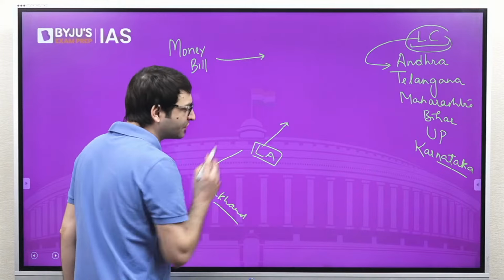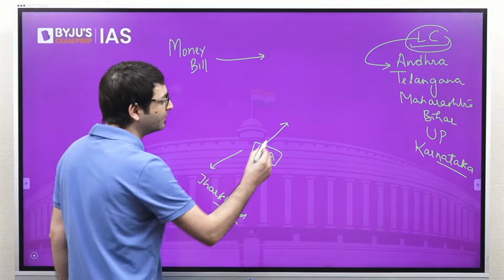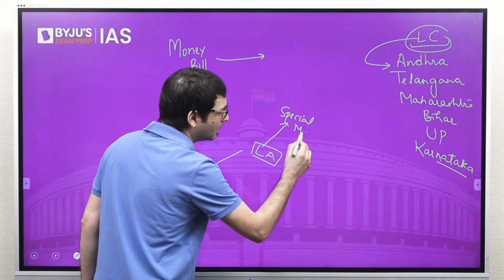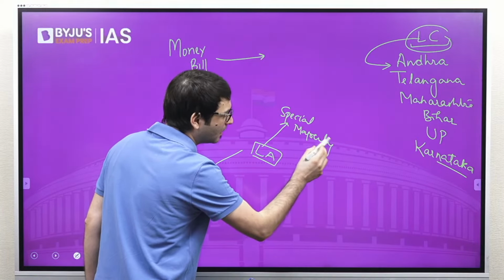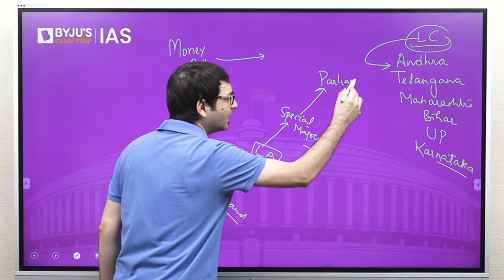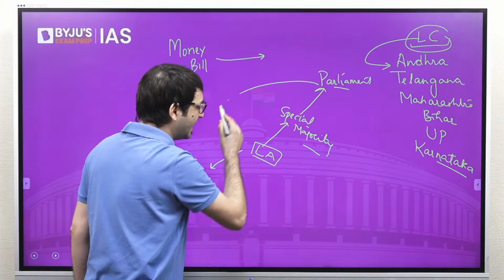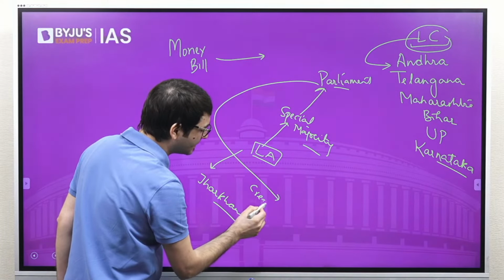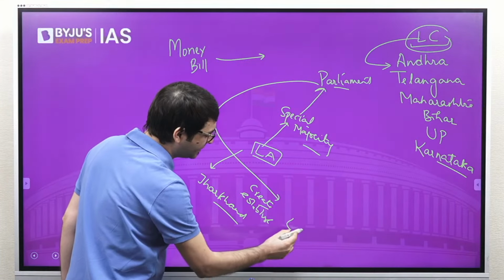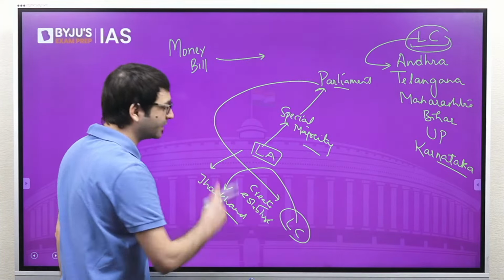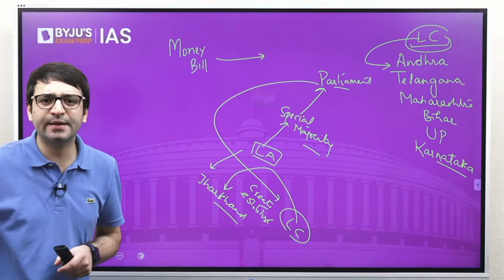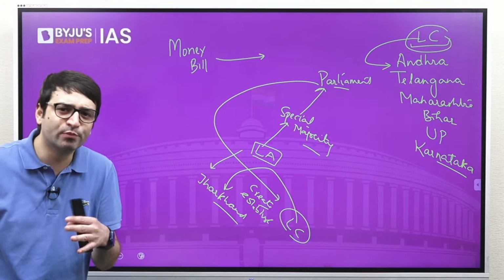The Legislative Assembly of Jharkhand will pass a resolution by special majority, basically requesting the parliament to please create or establish a legislative council for Jharkhand. Can Jharkhand have a legislative council? Yes. What is the process?